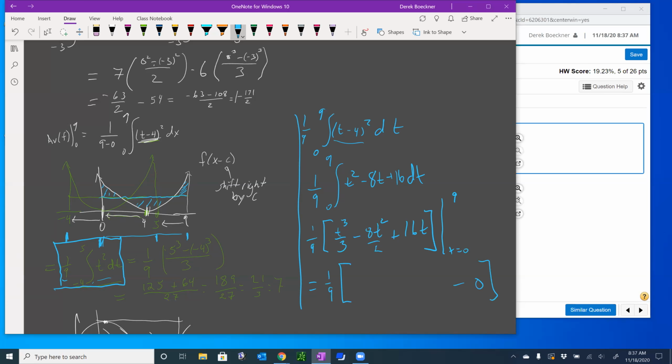But putting 9 in here, I get 9 cubed, which is 729. 729 over 3 is 243, minus 4 times t squared. t squared is 81. 4 times that is 324. And then plus 9 times 16, which would be 144.